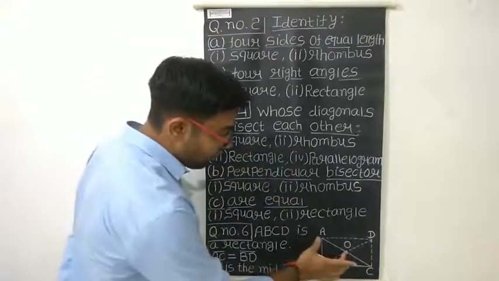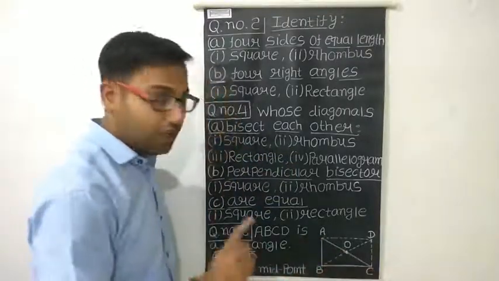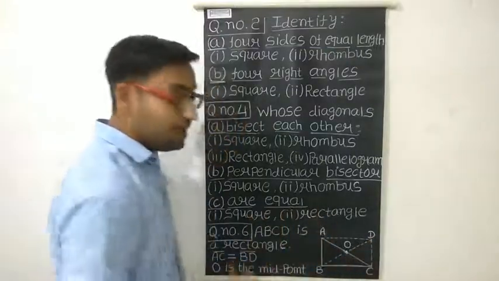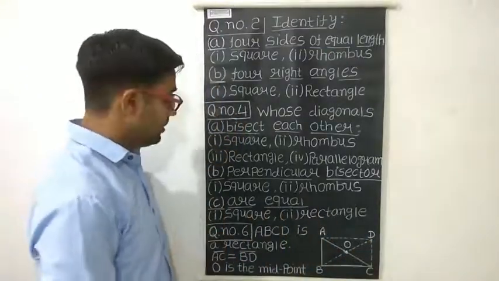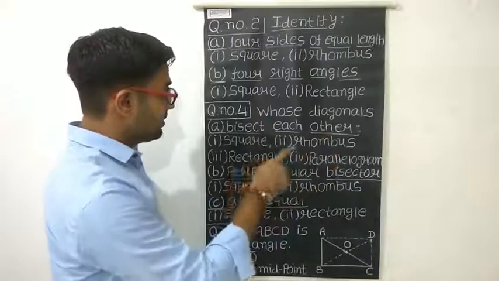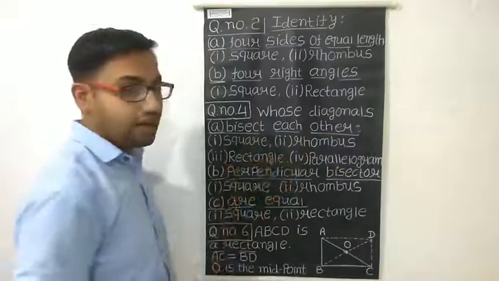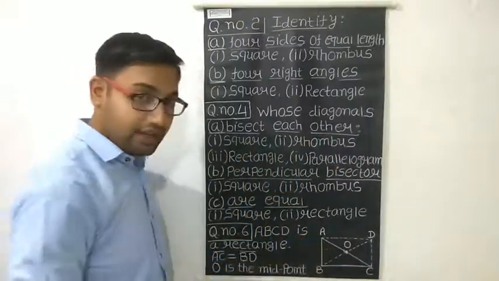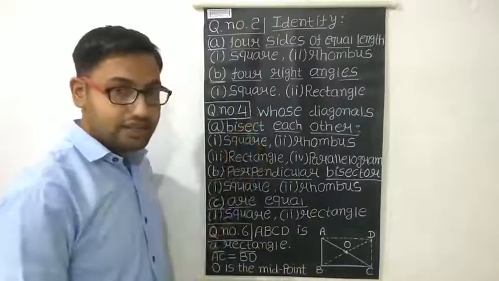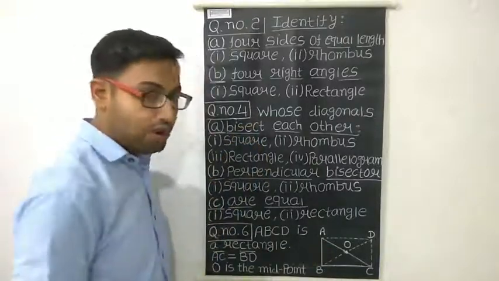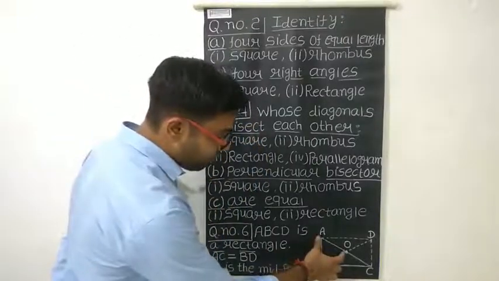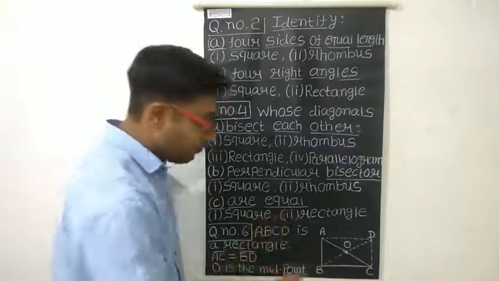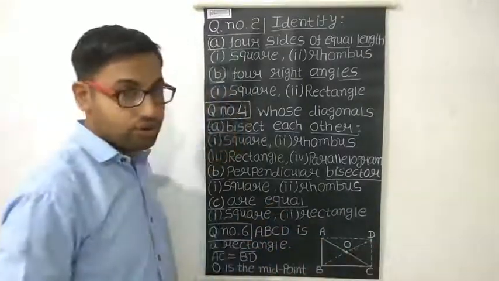Bisecting means OA and OC are equal, OD and OB are also equal. Right? So in bisect each other also there is a rectangle.